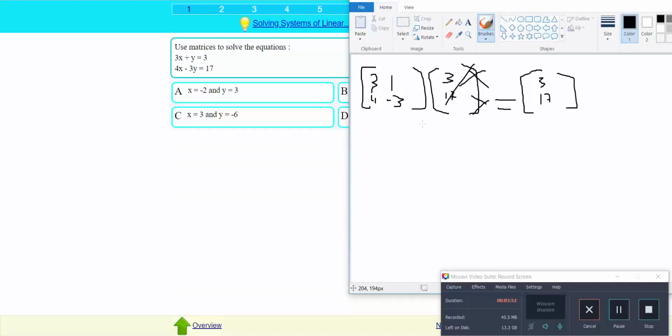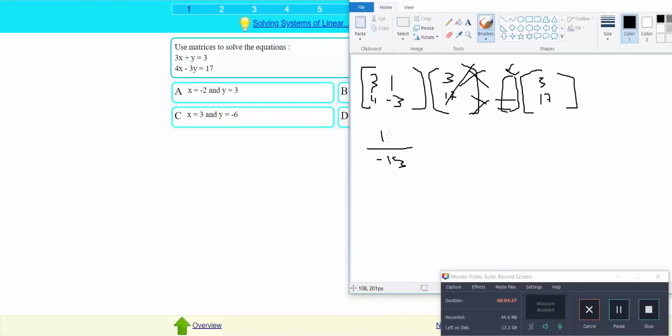In that sense, what we could do is have the inverse of this. This is the A inverse. So the A inverse is the determinant, so it's 1 over 9 minus 9 minus 4, minus 13, I believe, right?